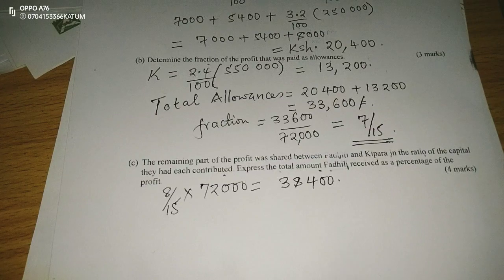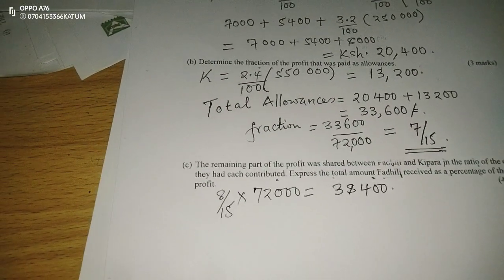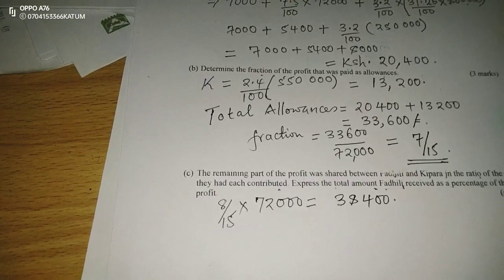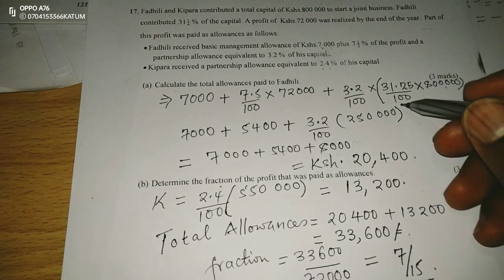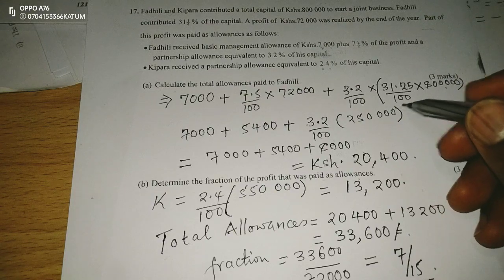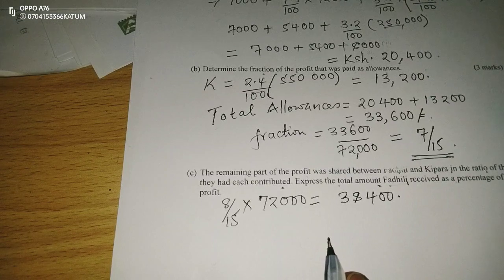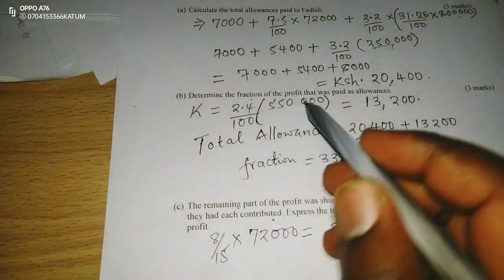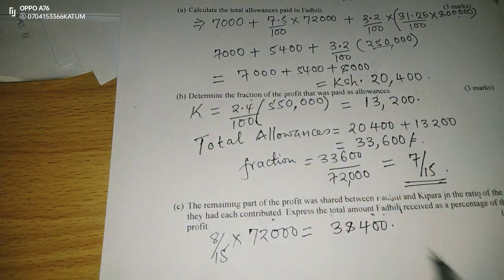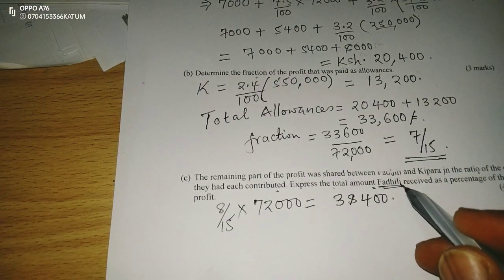Now, the way they are going to share it is in the ratio of their capital. Fadhili had contributed 250,000 and Kipara contributed 550,000.